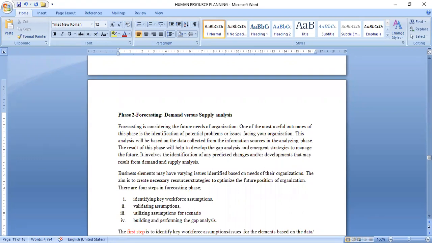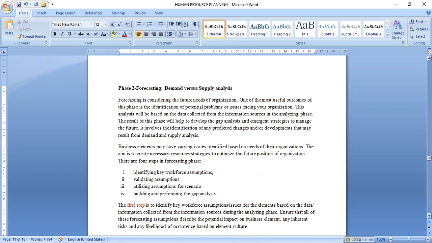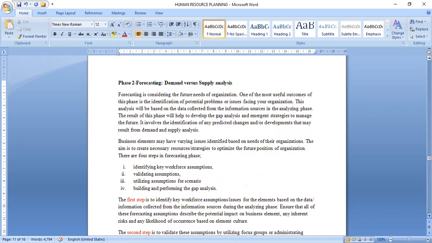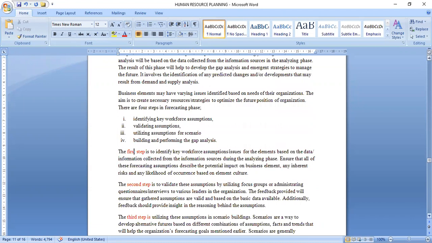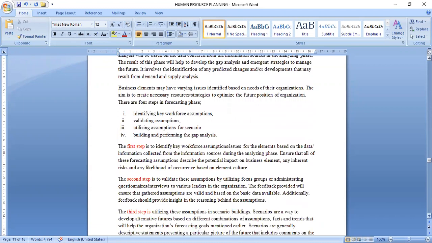So we are predicting our demand for labor as an organization, right? And we are also predicting our supply of labor as an organization, right? So there are 4 steps basically that are followed in the forecasting phase.